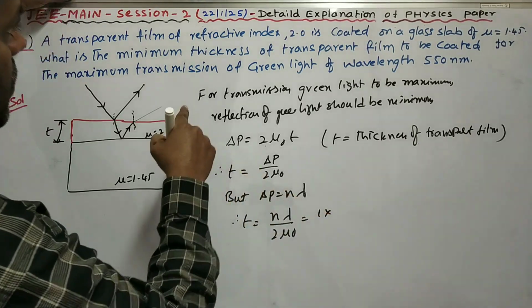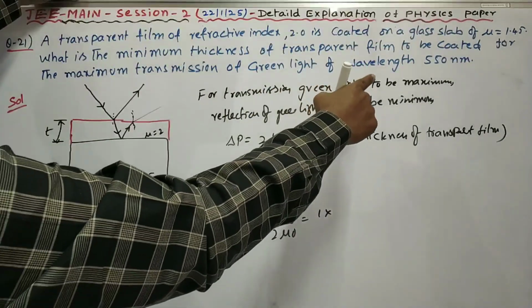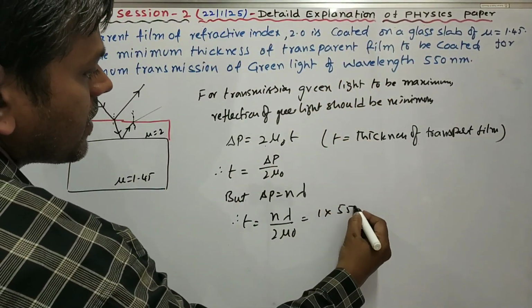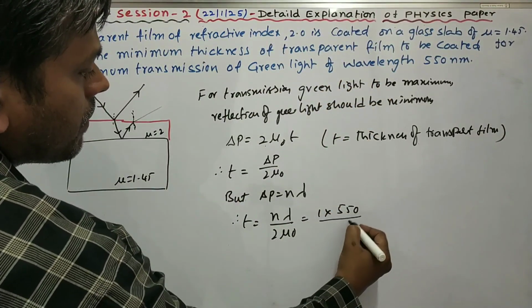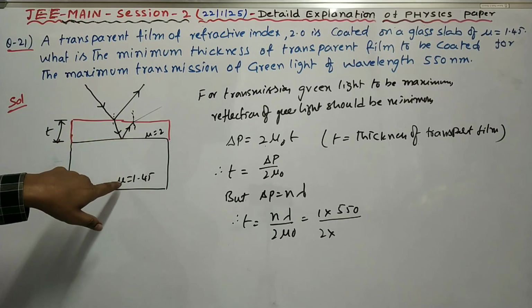That is 1 into lambda. What is the wavelength incident? 550 nanometer. So 550 by 2 into mu naught. What is mu naught?